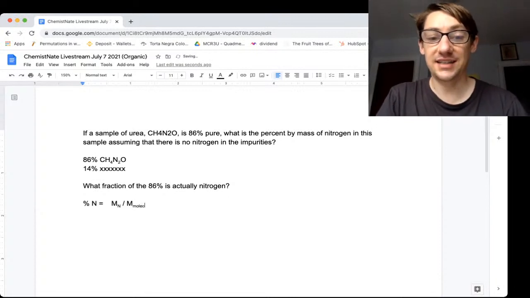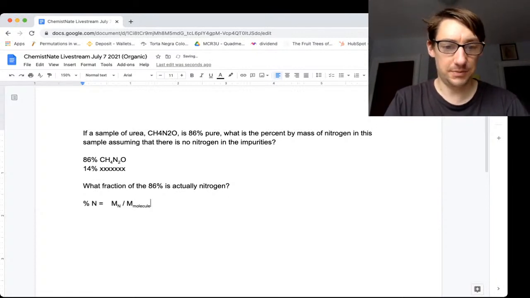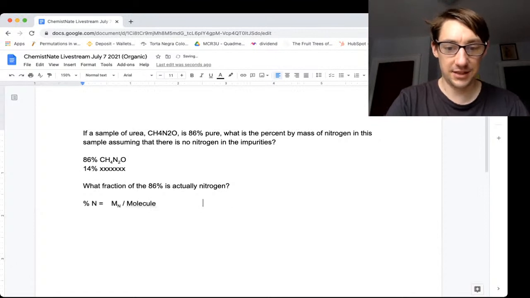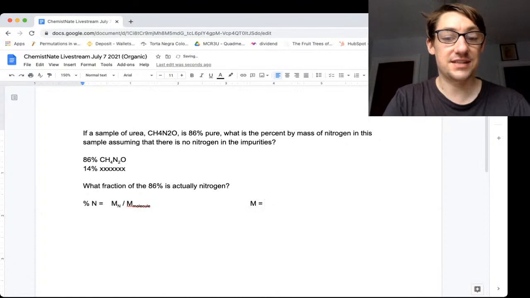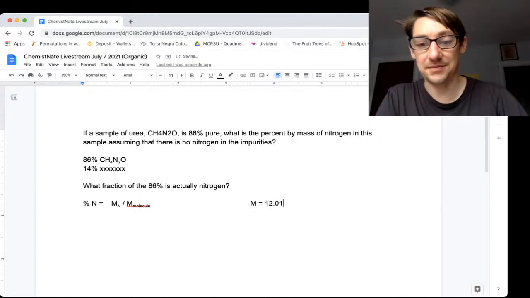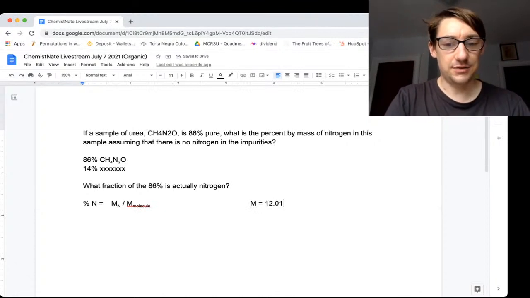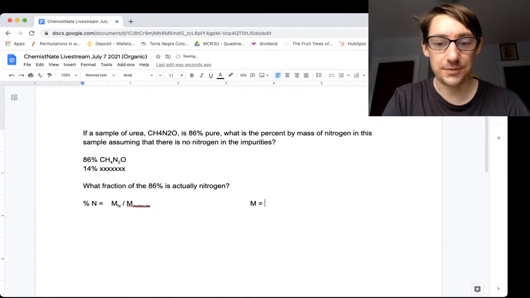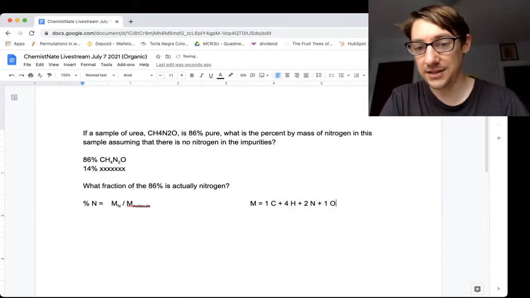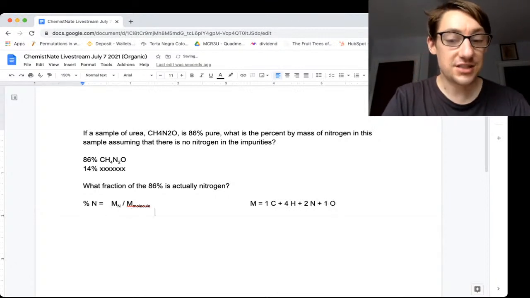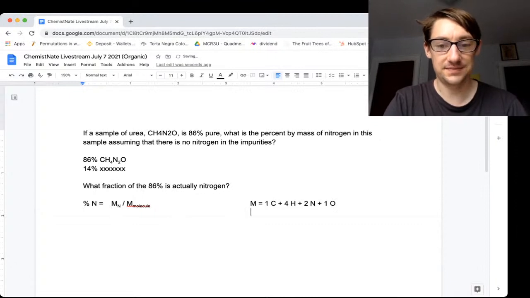Now, how do you calculate molar mass? Oh, that is not what I wanted to do. Thank you. The molar mass of the molecule is the sum of the atomic masses of each of the atoms. The teacher I co-teach with asks kids to write down what the atoms are, and I'll do that here for you. It's 1 carbon, 4 hydrogens, 2 nitrogens, and 1 oxygen.